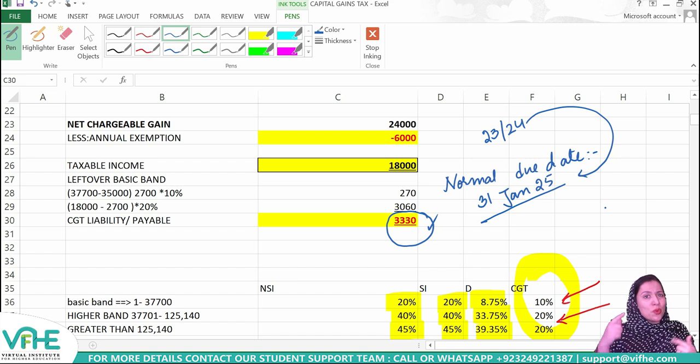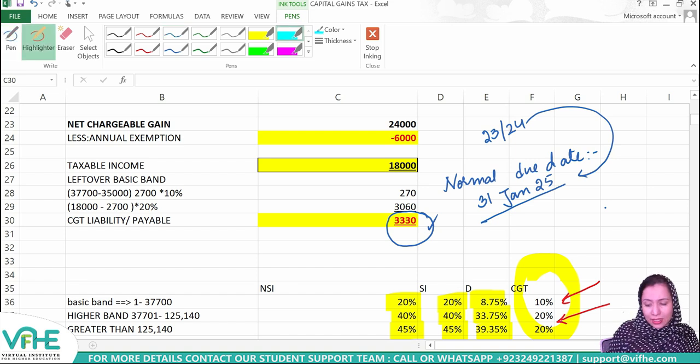I hope you remember that this date is the same as what we use for online filing of the tax return. And by the way, when I say income tax return, the same return is used for filing capital gains tax information as well.